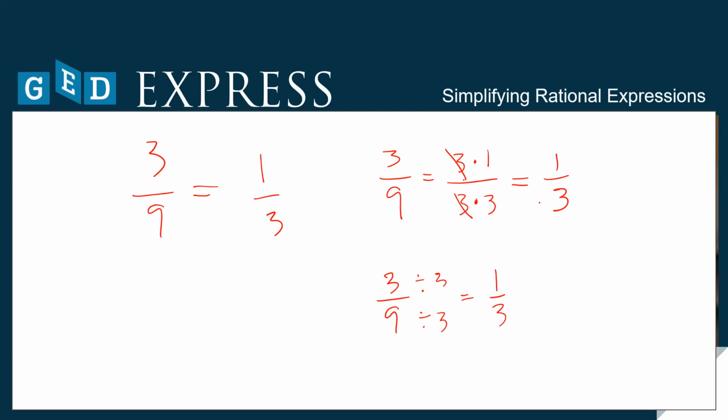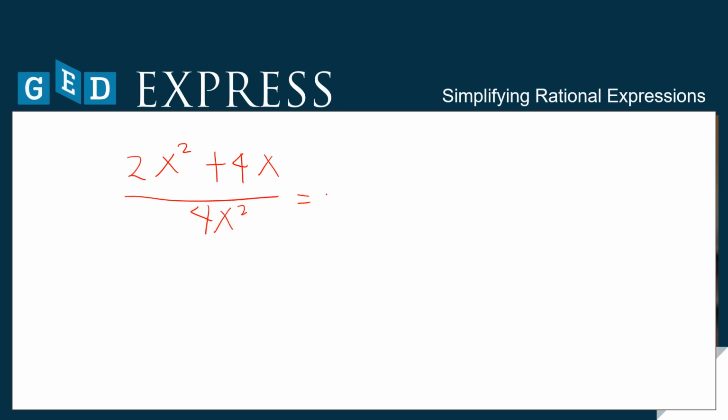Let's try some rational expressions. First example, simplify the expression 2x squared plus 4x over 4x squared.